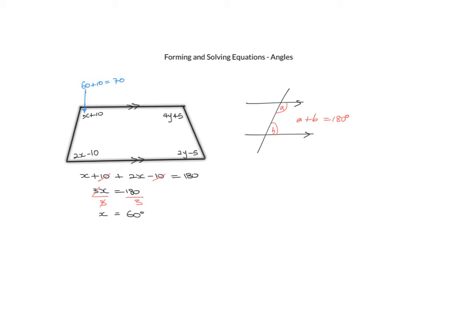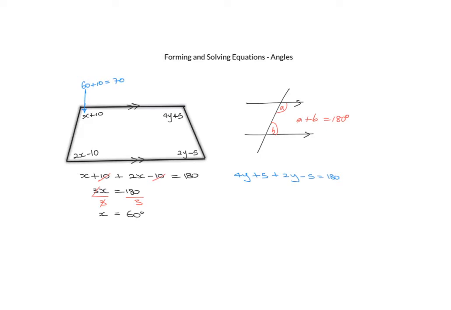So again, I've got interior angles because parallel line, transversal, that's interior with that, okay? So because they're interior, I can now say that 4y plus that 5 plus the 2y take away 5 is equal to 180 degrees because co-interior angles add up to 180.